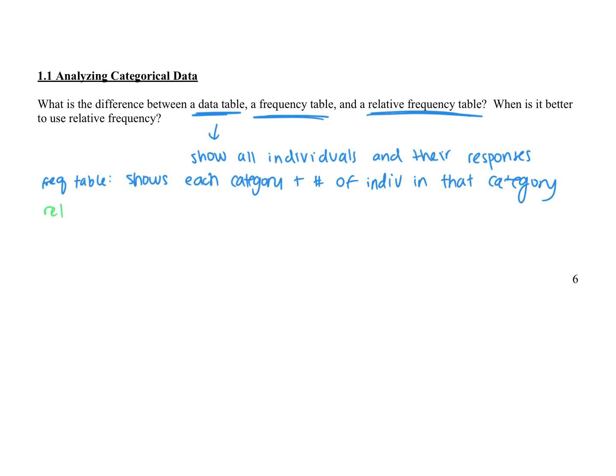A relative frequency table, on the other hand, same thing, but instead of showing the number of individuals in that category, it's going to show the proportion or the decimal.